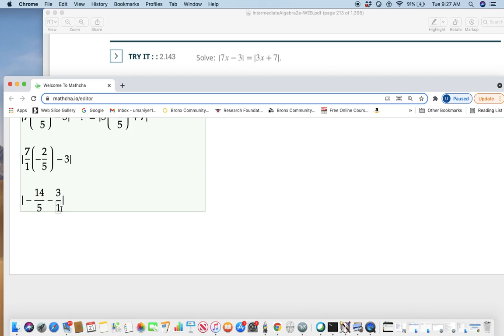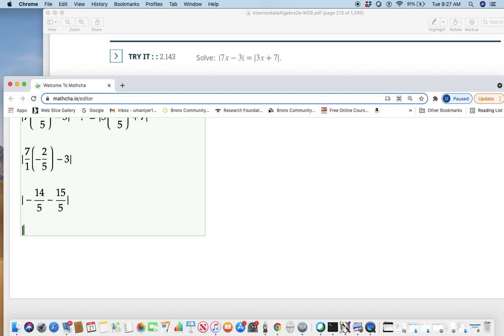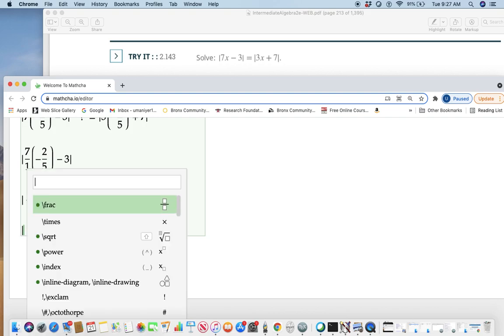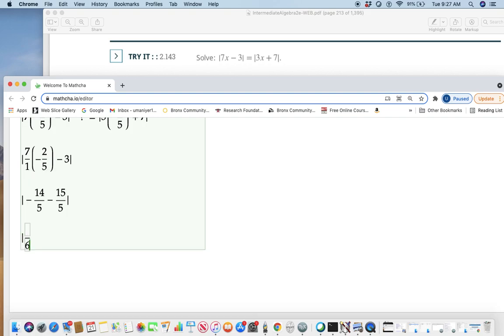How do I get 5 here? Multiply by 5. 1 times 5 is 5. 3 times 5 is 15. So that became this. In all, you have a common denominator of 5. Negative 14 minus 15 is negative 29.